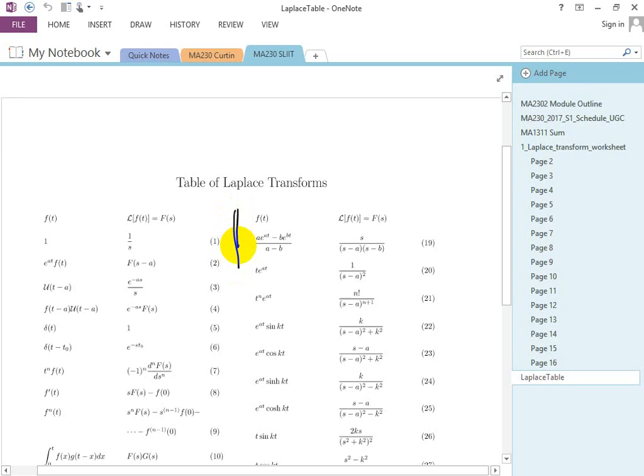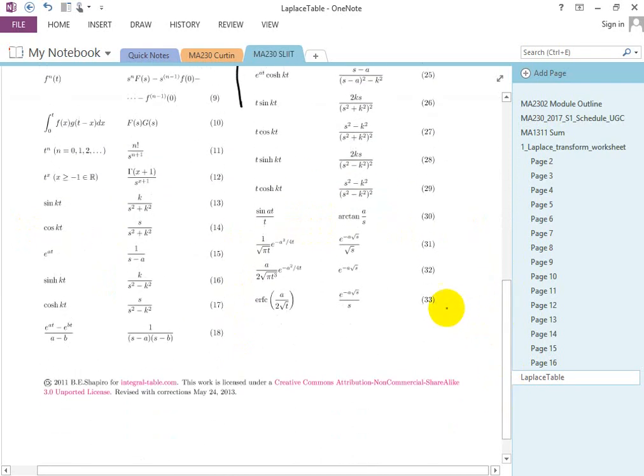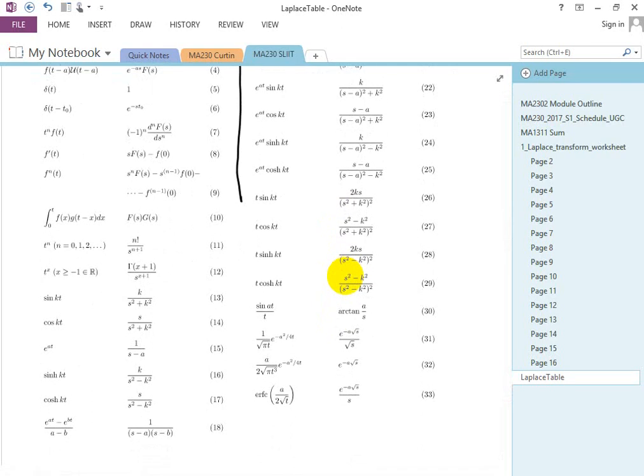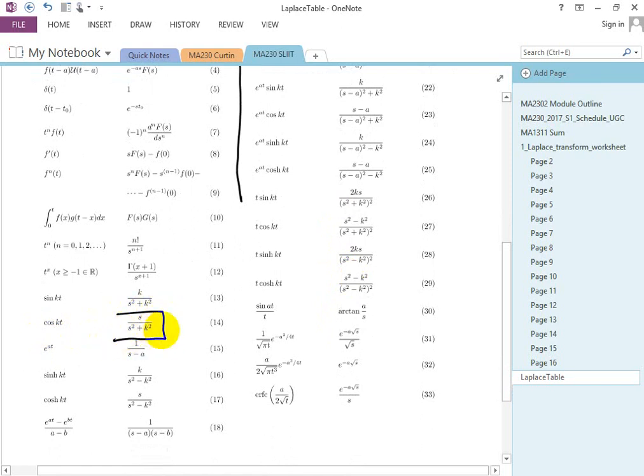So altogether there are 4 columns. Okay. Now there are altogether, I don't know, 33 functions here, but mostly you may work with like 5, 6, 7 or less than 10. So note that the given function was s over s squared plus 4, right? Now here you will see s over s squared plus k squared. So that's the function you now need to look for, right?